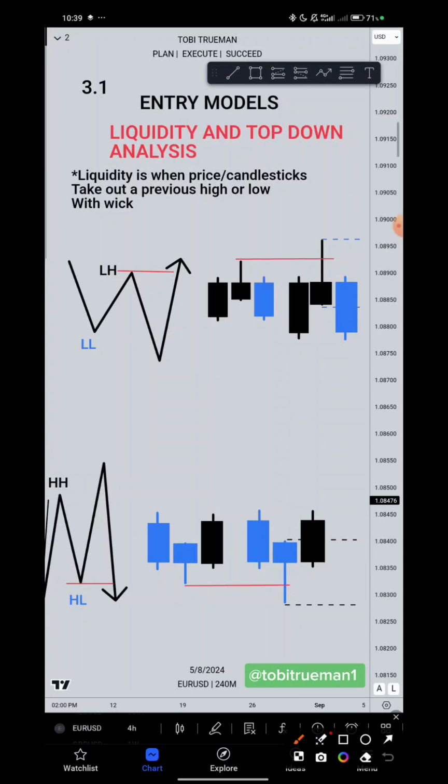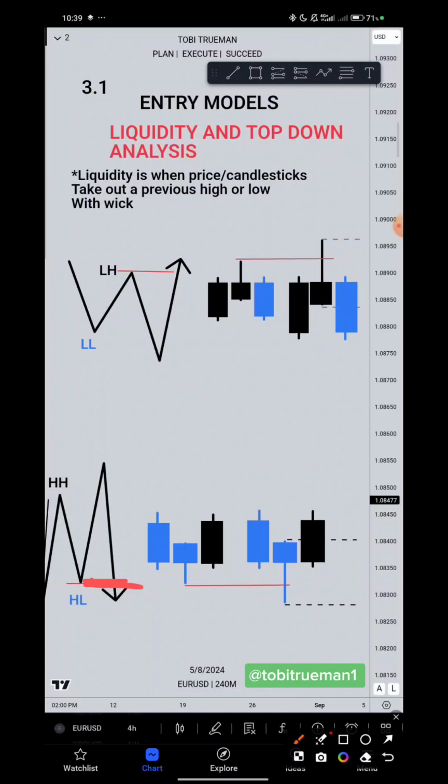The same thing applies when you are talking about a bullish trend. Price was making an impulsive move, retracement, impulsive move, retracement again. The first time it gave us a higher high, the second time it gave us a higher low. Then when price came and took out the higher low in a bullish trend, what do we do? We switch to a lower time frame.